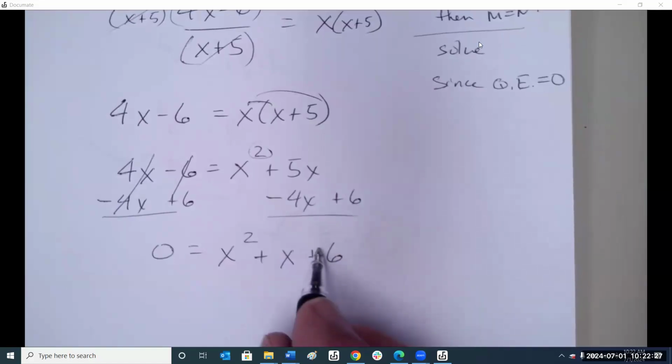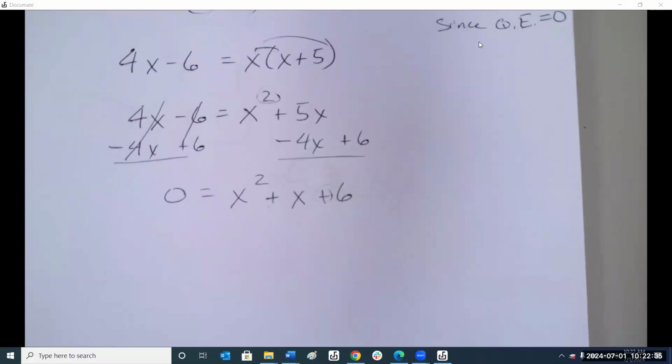Okay, we can't factor it because since that's a plus, they both have to be the same sign. What times what is 6, and when you add them, you get 1? Doesn't exist.